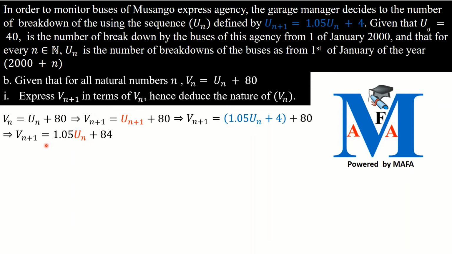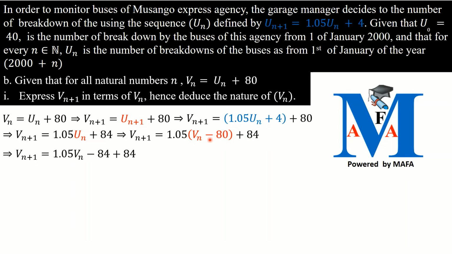Here, our v of n plus 1 is in terms of u of n. So we now get back to the relationship between v of n and u of n. We get the value of u of n in terms of v of n, and then we substitute. From here we get that u of n is equal to v of n minus 80. So v of n plus 1 is equal to 1.05 times v of n minus 80, then plus 84.